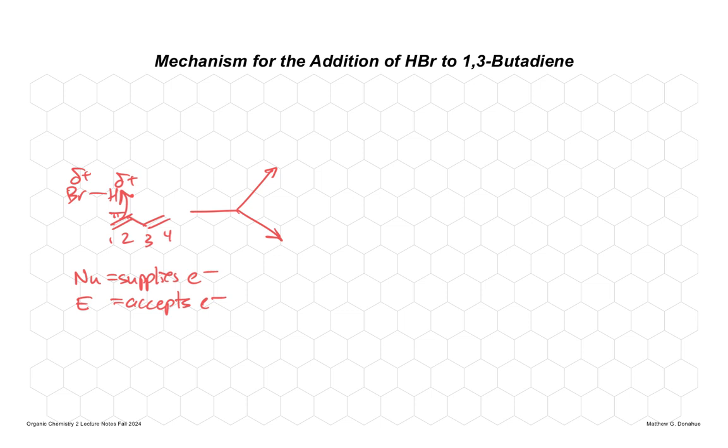This should be delta minus, sorry. The bromine's delta minus. So that arrowhead points at the delta minus because it's accepting those electrons. So I'm going to just write C1 here, that gets the H.